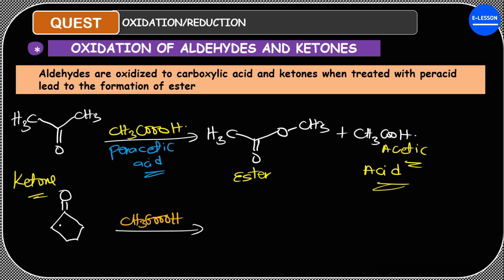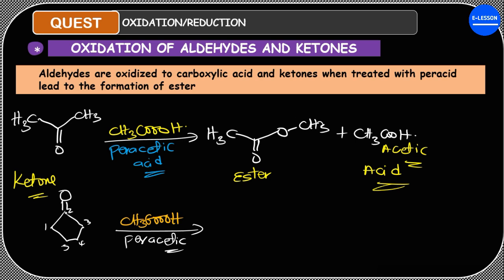It's a 6-membered ring. You know, this initially was 1, 2, 3, 4, 5, this 5-membered ring, right? But this peracetic acid is bringing oxygen into this ring.